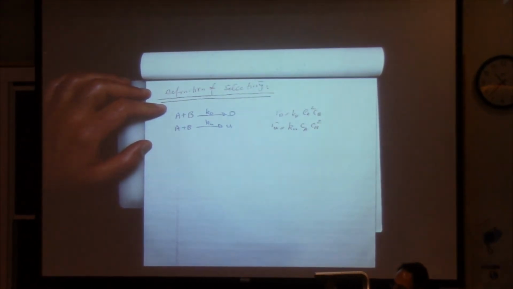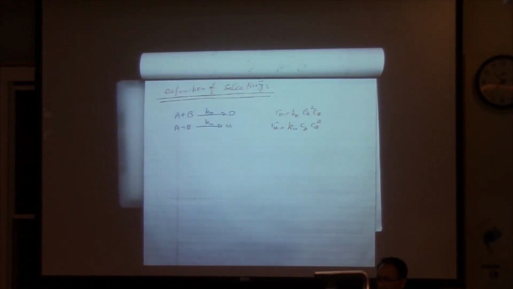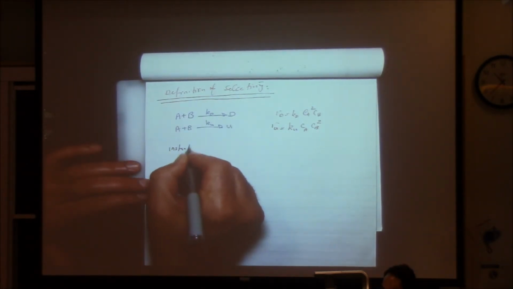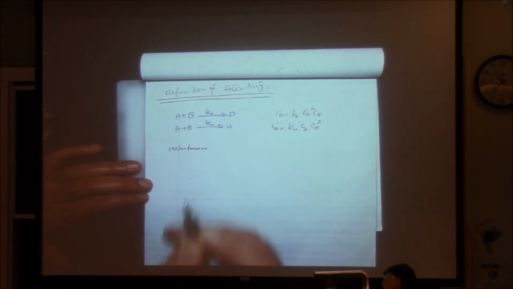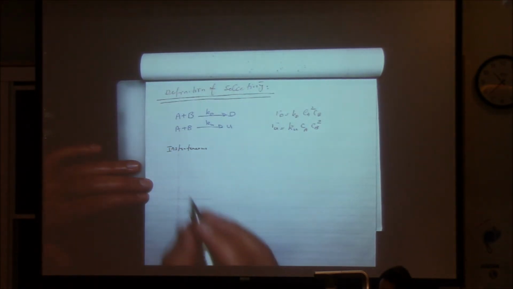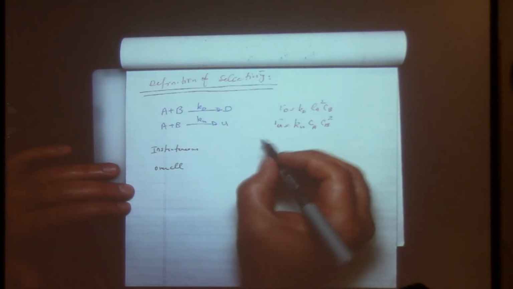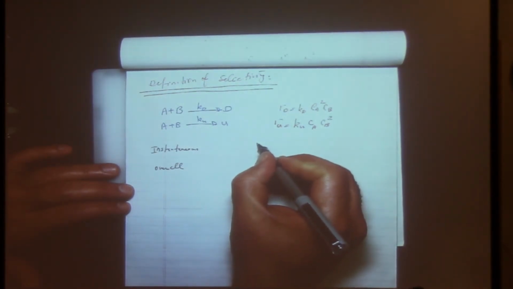This one also does not follow the elementary type because it doesn't follow the stoichiometry as a rate law. So we are going to define two selectivities. One is instantaneous selectivity, and the other one is overall selectivity. Both emphasize the same thing, but the definition is a bit different.